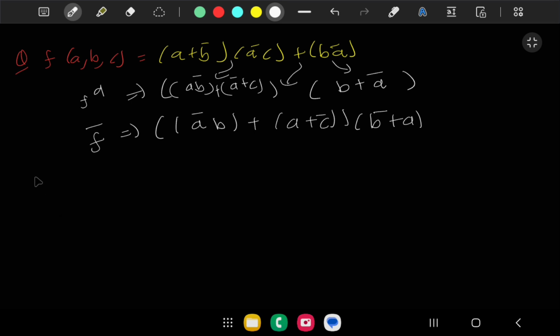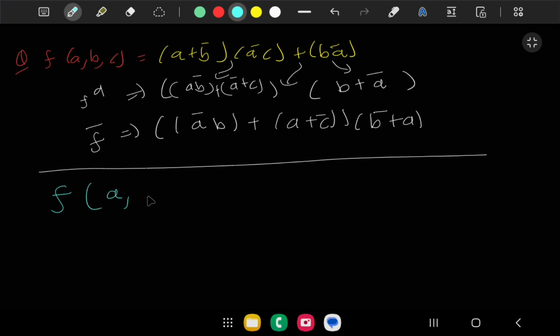Okay. So if you want to go from dual to function, let's assume you already have a dual, this is your function A bar plus dot 0 1.